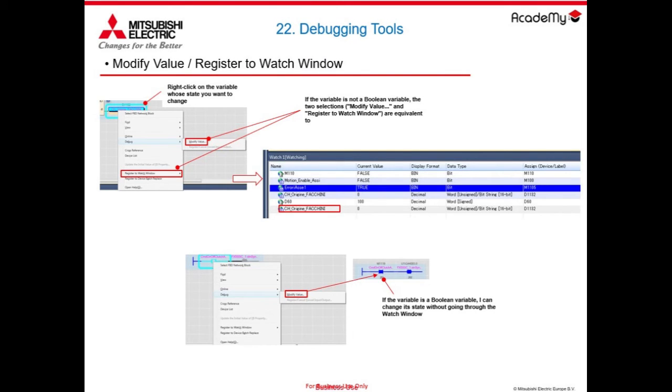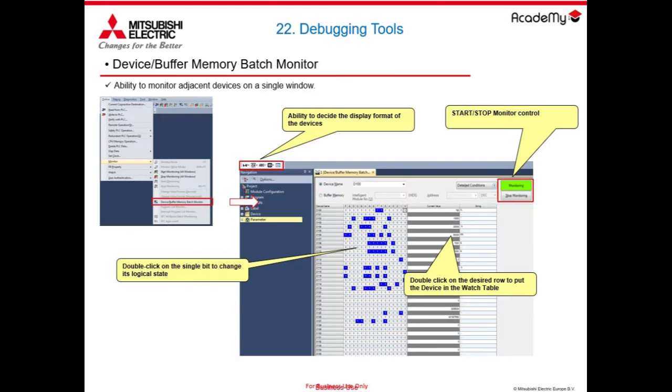This is the part of recording the variables of the watch that we have just performed. Device buffer memory batch monitor, the ability to monitor adjacent devices in a single window.